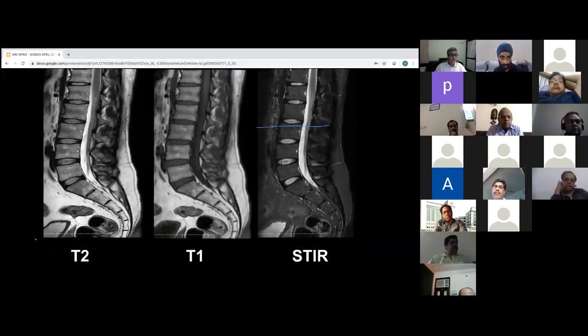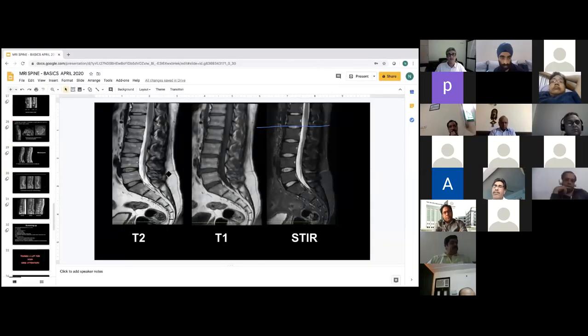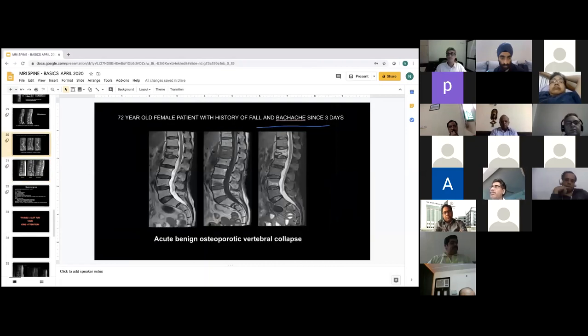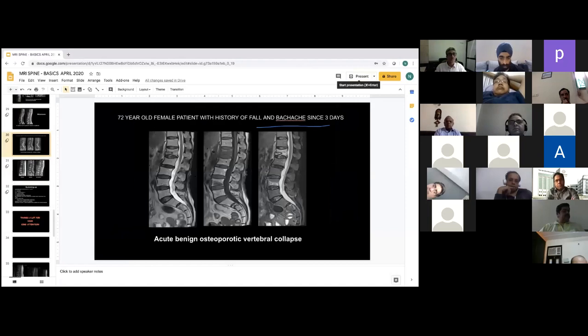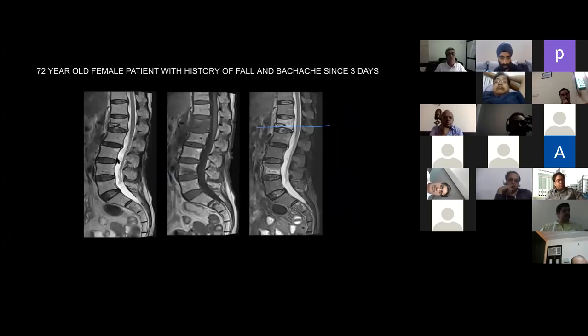I can just show a post-trauma case in which we can most likely see that. This black line is the PLL. This is the posterior longitudinal ligament. This is the anterior longitudinal ligament. These are interspinous ligaments. This is the ligamentum flavum. This black color.